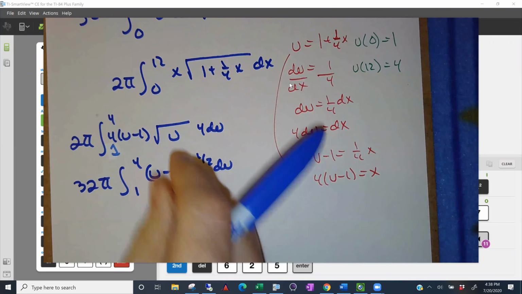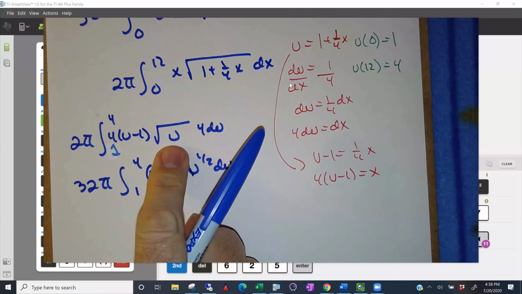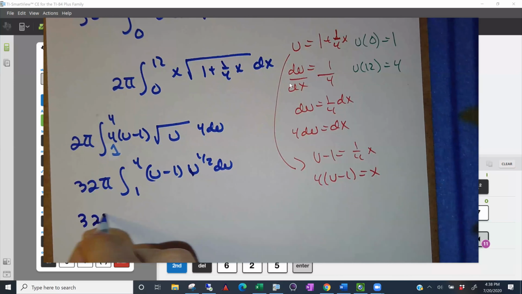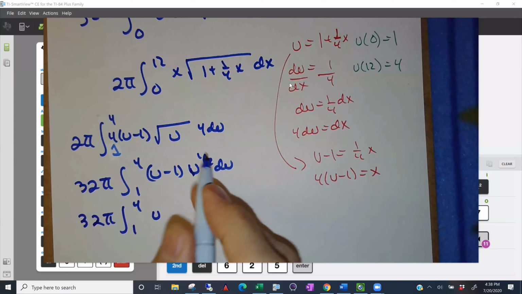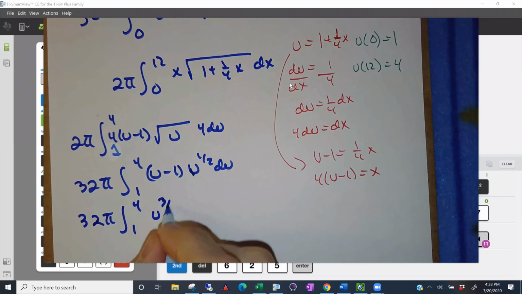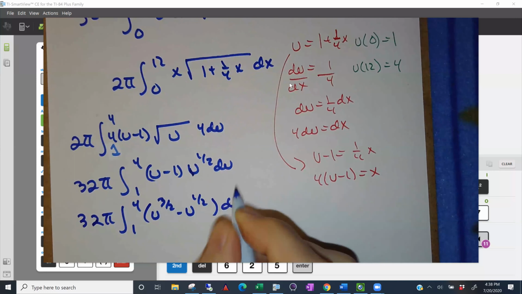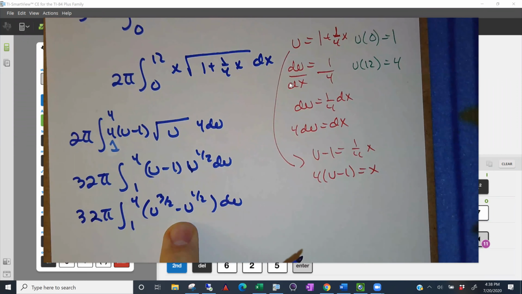That's what's going to allow me to finish solving. So it's going to be 32 pi times the integral from 1 to 4 of, let's add the exponents, u to the 3/2 minus u to the 1/2, du.